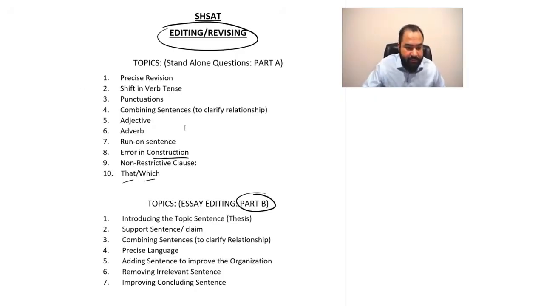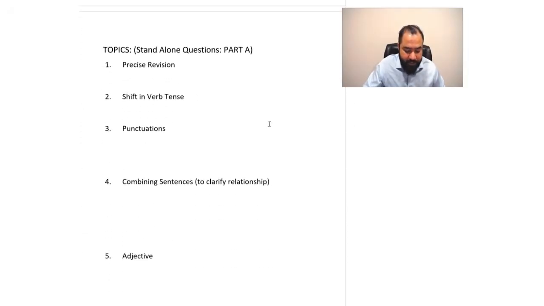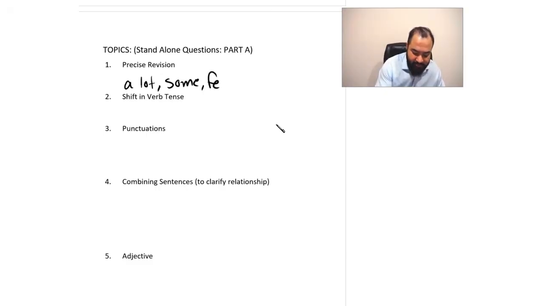First, let's talk about part one, part A here, the standalone questions. So what is precise revision? When you state a sentence, it has to be precise. Words such as a lot, some, few, millions are not precise.